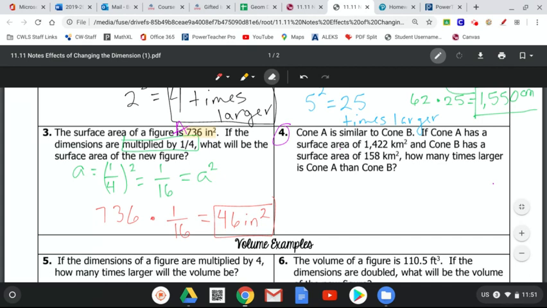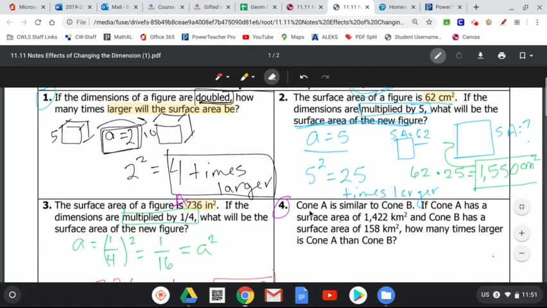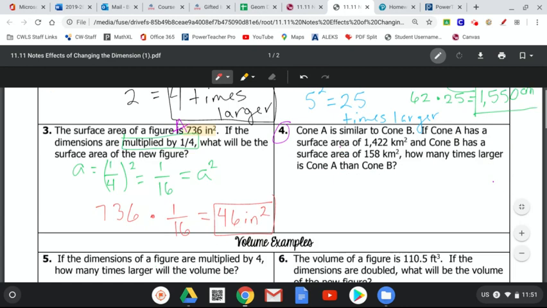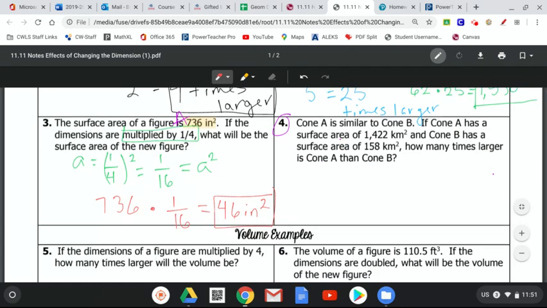So what we're looking for is how many times larger. I think in problem number 1, where it asks how many times larger will the surface area be, think about number 2 where it says multiplied by 5. So for this one, basically we're multiplying, and I'm going to erase problem number 3 so I got a little bit more room to work with here.